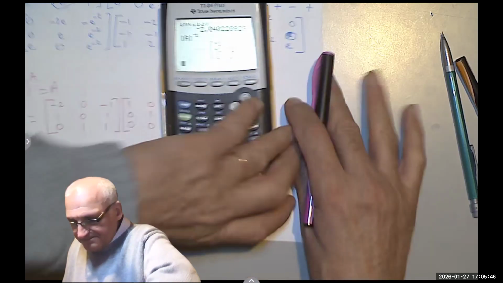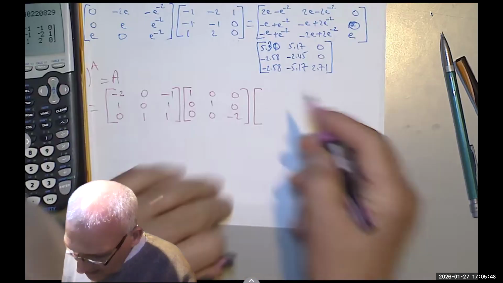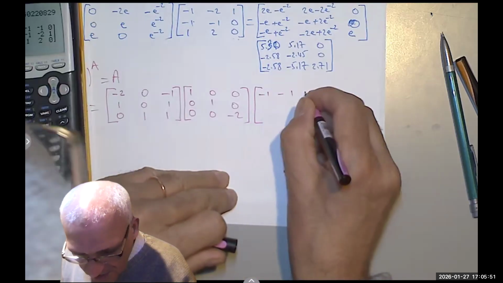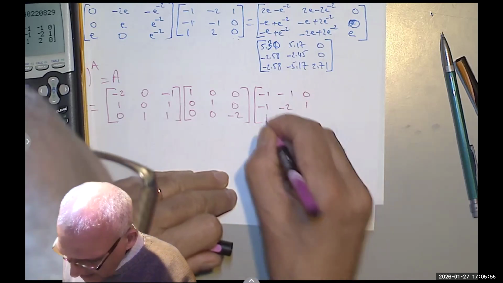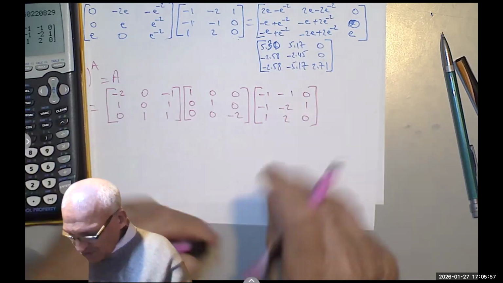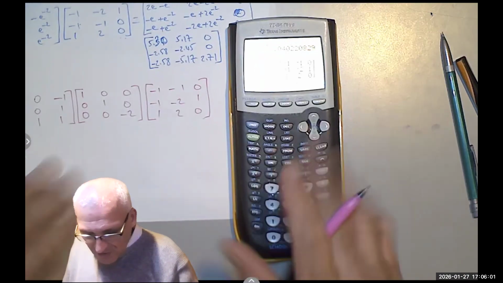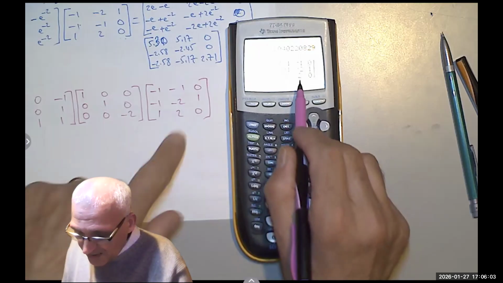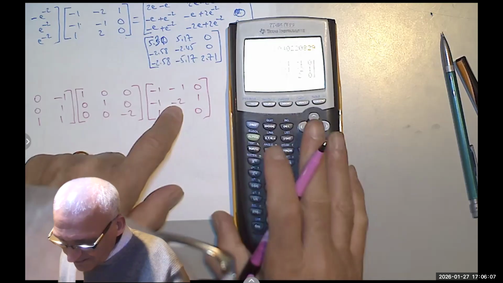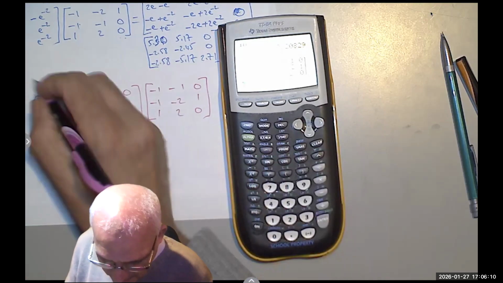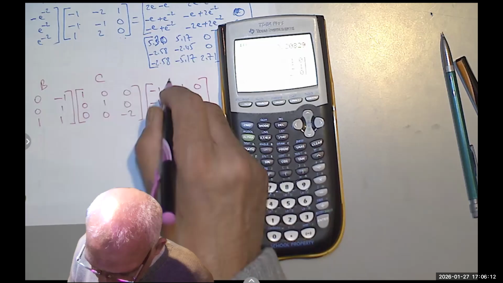Here's what you get. Negative 1, negative 1, 0. I just don't want to waste your time. It's not hard to invert it, but in fact, I'm going to multiply these three matrices together. So this was the third one. So A inverse, okay? So let's call this B and this C, and that's A inverse.